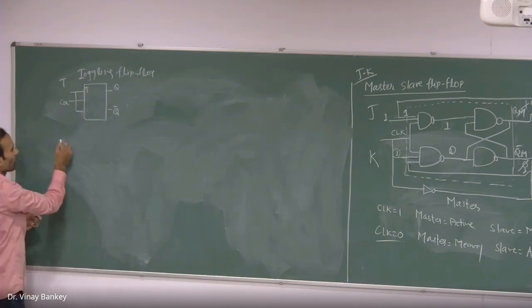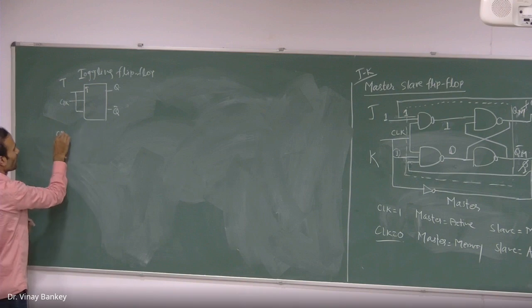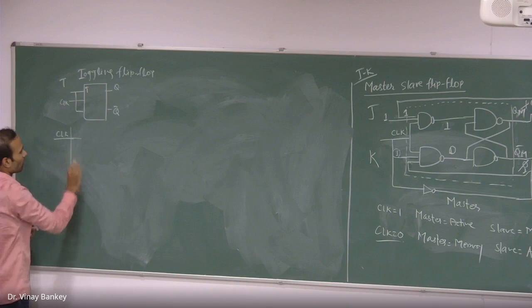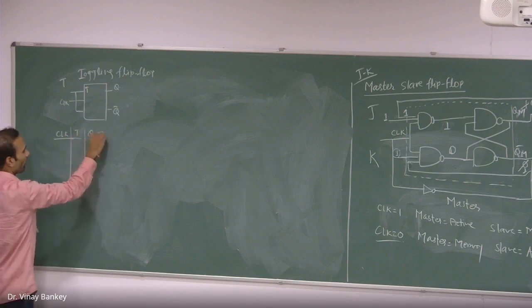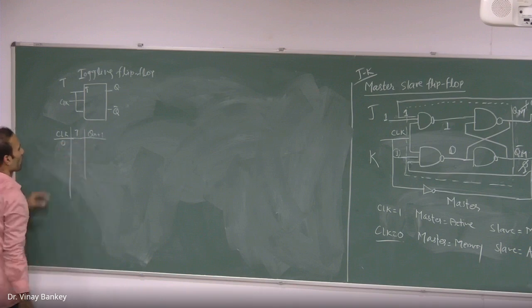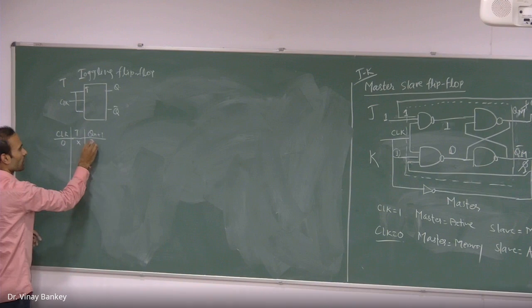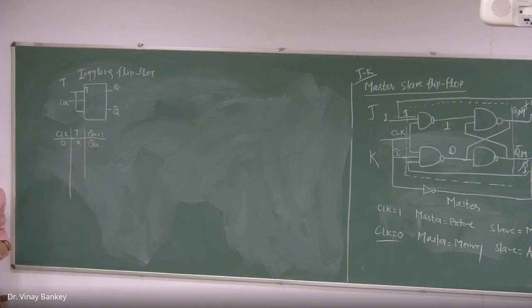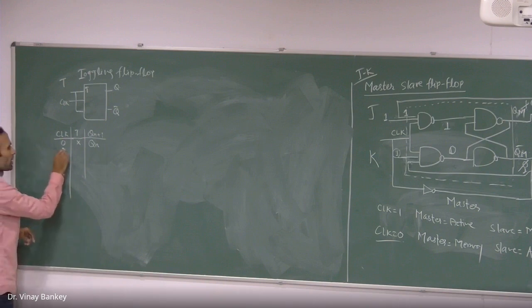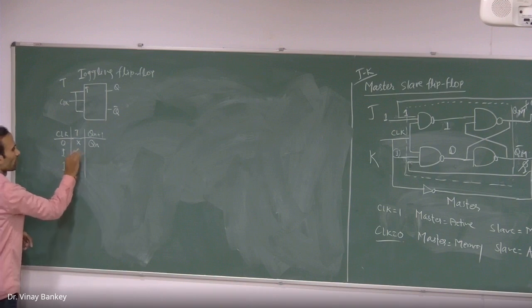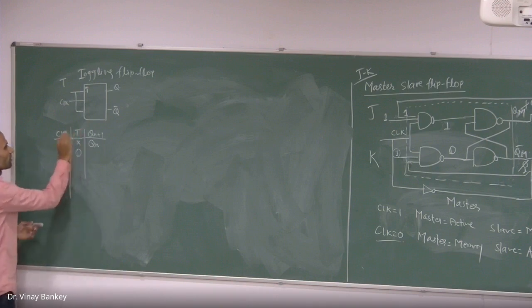Okay, so now first of all, write the truth table for this T flip-flop. If you apply 0 in front of the clock pulse, regardless of the condition of the T input, there will be a memory state. Now, for the high level of the clock pulse, if you apply 0 at T, 0 means what?